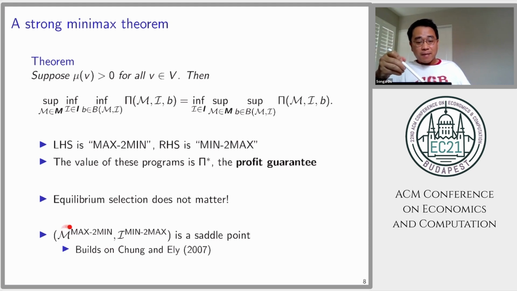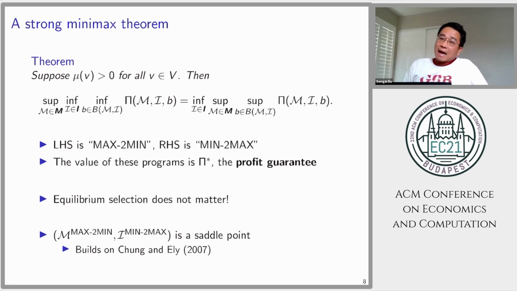If this mechanism solves the problem on the left-hand side, and if the information structure solves this information design problem on the right-hand side, then we will have a saddle point in which the mechanism is optimal on this information structure. At the same time, the information structure here is a worst-case information structure on the mechanism, which is exactly the saddle point constructed by Chang and Ely as well.